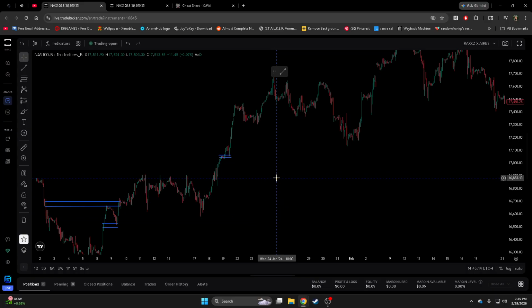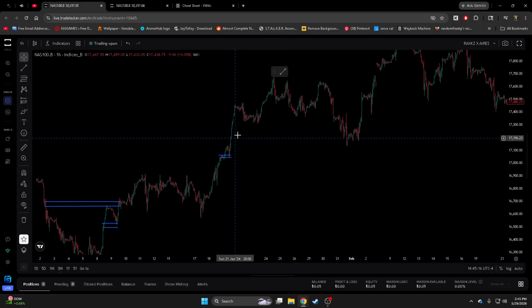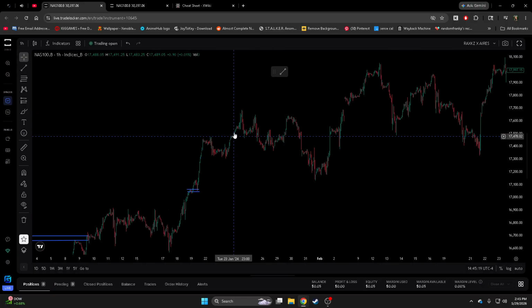So how do I move when I have no previous price range? For value, got the order flow. For value, got the order flow.